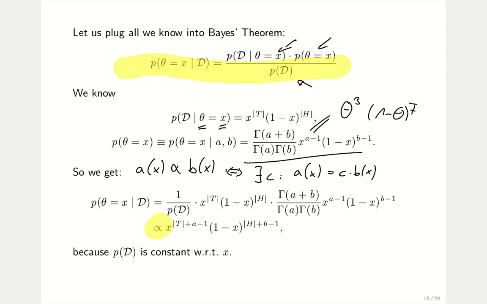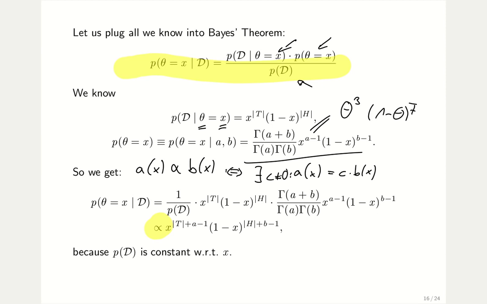So what this means is the functions a of x and b of x are actually the same up to a constant. So b of x is always c times larger or smaller than a of x. Okay, c must not be 0. That's one thing, so c is not equal to 0.